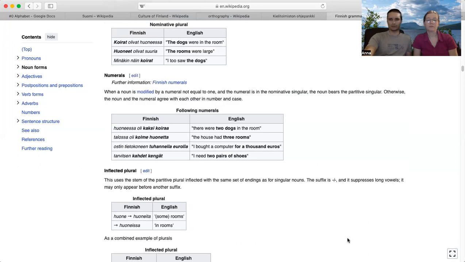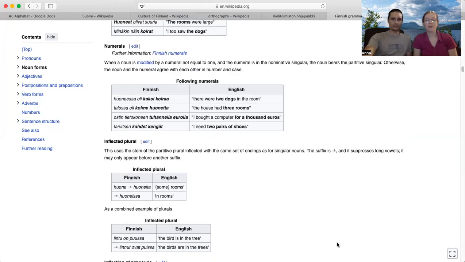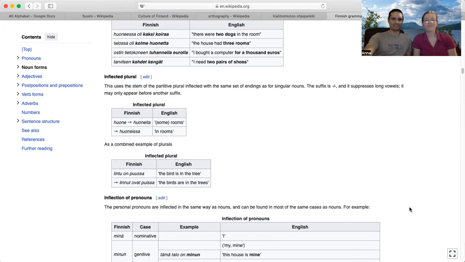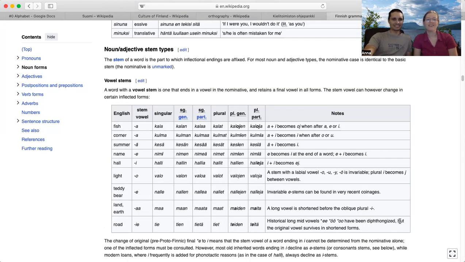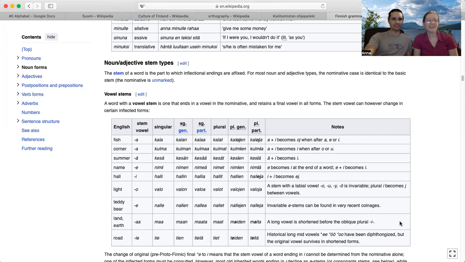What else? Numerals. They are quite difficult because you have to technically change the numbers according to all the cases. So that's something you hate. I hate it. I hate numbers in any language. Adjectives. You just need to know that it's like in English, so the order is not like in Romance languages where you say a red house is house red.